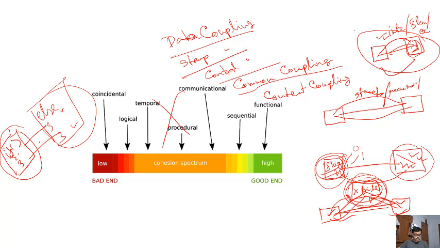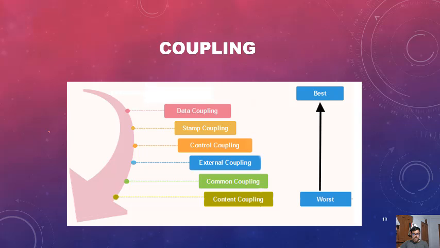So the different types of coupling are shown here, and the degree of coupling goes from best to worst. In data coupling the minimum interaction is done, and in content coupling a maximum and complex type of interaction is done. That's why content coupling is the worst case, and data coupling is the best case.